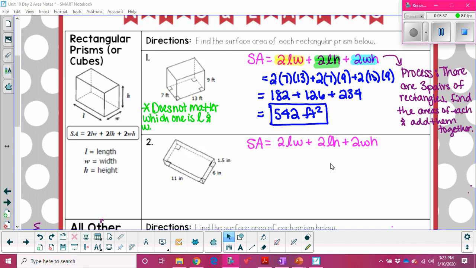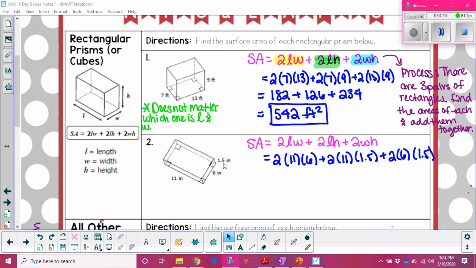Okay, so all you have to do again is plug in your numbers. I'm going to use 11 by 6 for my base, the big one on the bottom. I could have just done this little side one. It would have been fine too. So you have 2 times 11 times 6, plus 2 times 11 times 1.5, plus 2 times 6 times 1.5.